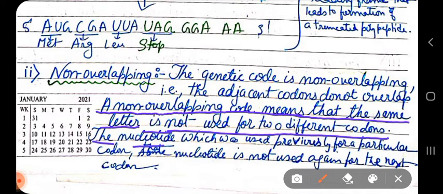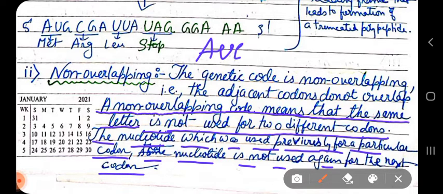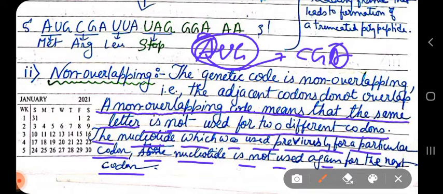So the nucleotide which was used previously for a particular codon will not be used again for the next codon. For example, if AUG is coding for methionine, this same A cannot be used for making arginine, like CGA. It has to come from a different source.